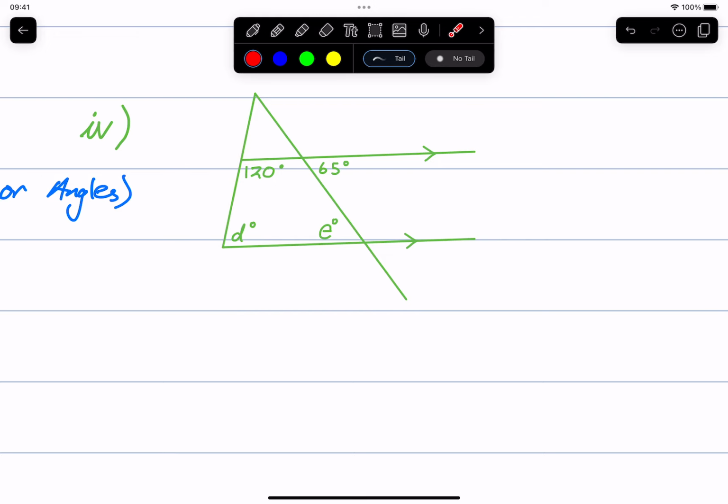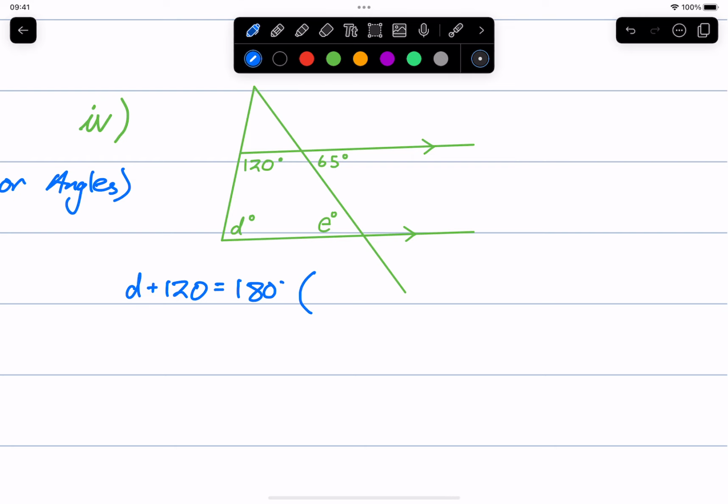If that doesn't make it much easier, perhaps you can see that there's a C that gets both of these. Well, because of that, we can clearly see that those two are co-interior angles. So because of that, we can say D plus 120 must equal 180 degrees.